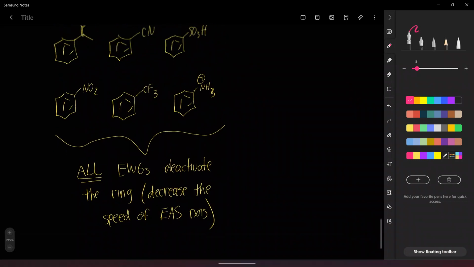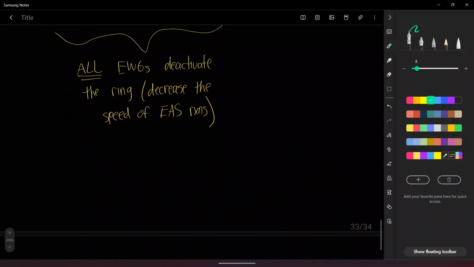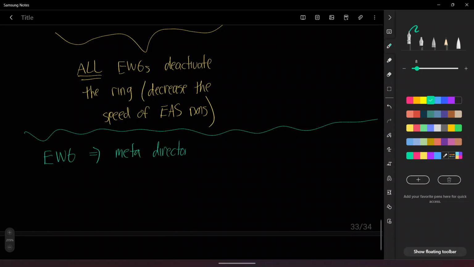Okay, so all withdrawing groups are meta-directors. Okay, so if we want to summarize, if it's an electron withdrawing group, it will always be a meta-director and a deactivator.